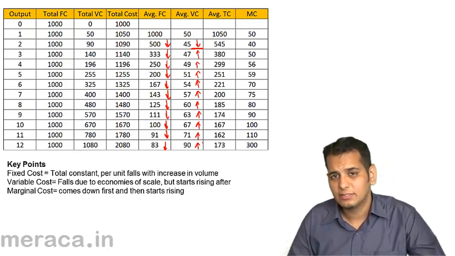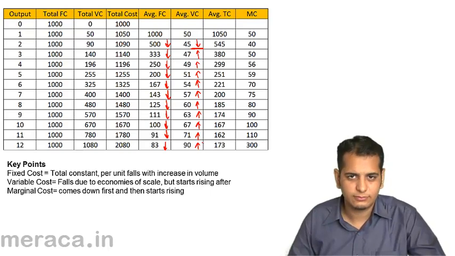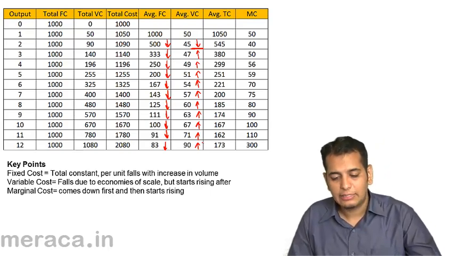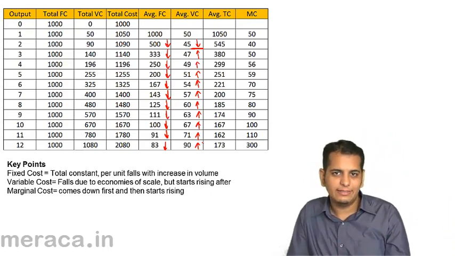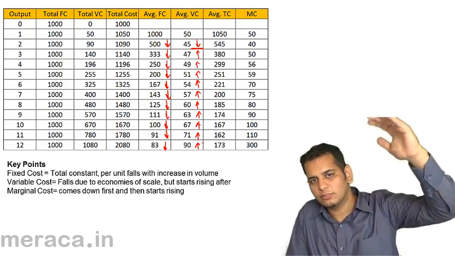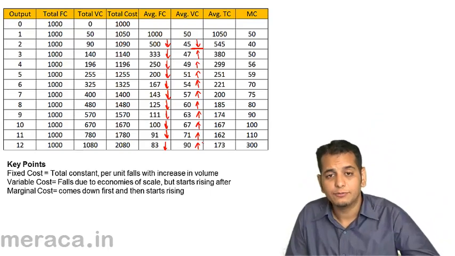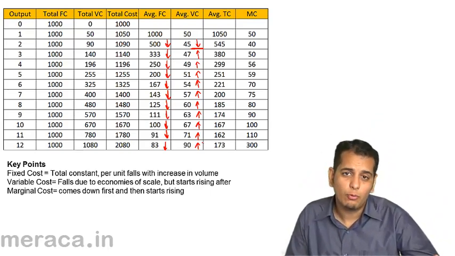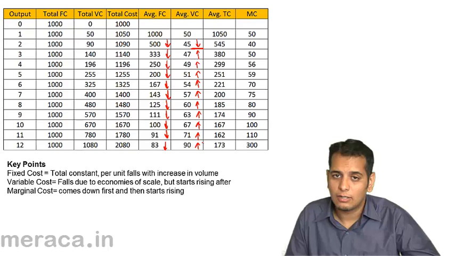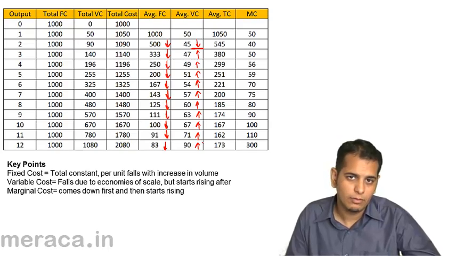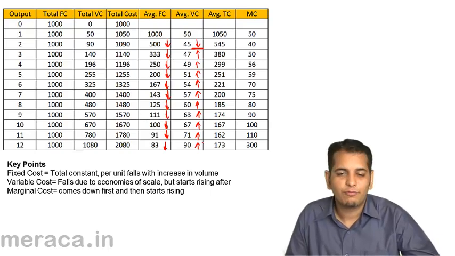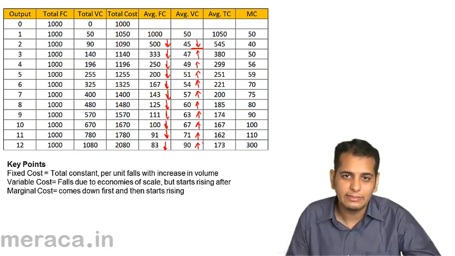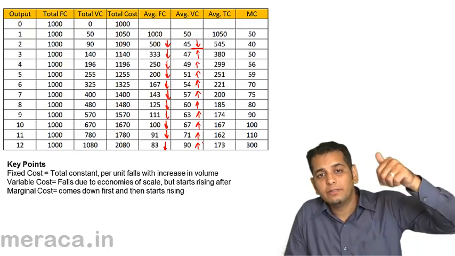Now, why is this the case? Why do you think the average variable cost is reducing initially and then it goes on rising? It is because the law of variable proportion comes into play. The law of variable proportion says the more factors you employ initially, higher would be the production.